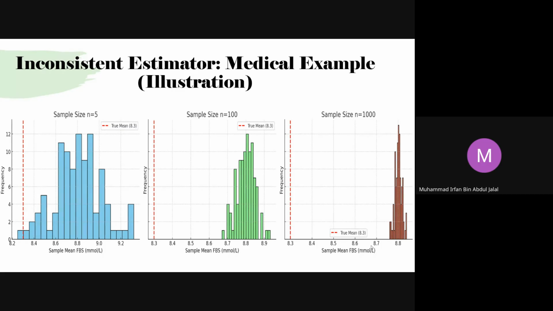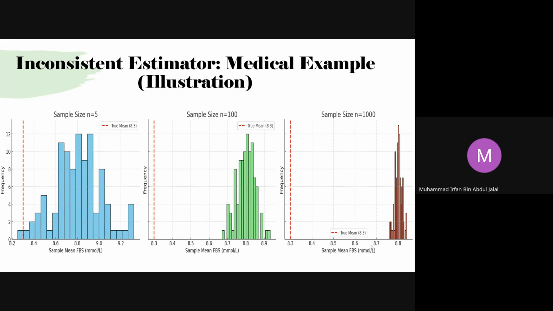It will converge to the true population parameter. But because the estimator is biased, it will not be able to hit the true population parameter. As the sample size grows larger and larger, the discrepancy gets closer to the true population parameter, but it cannot exactly hit it because the bias is still there. So it can happen like that as well.